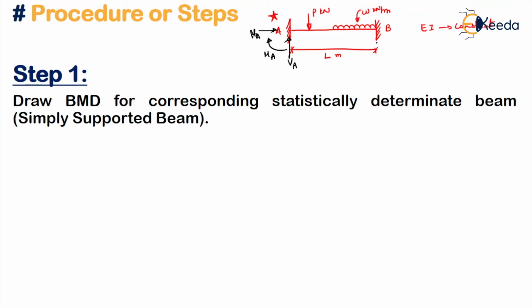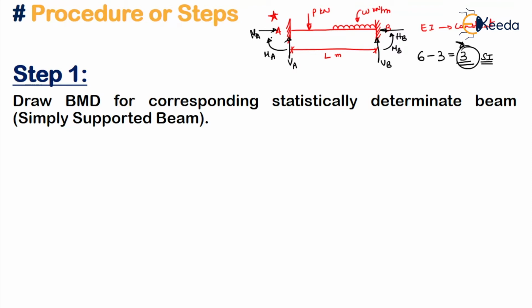Coming to B, this is also a fixed end, so one horizontal, one vertical, HB, VB, and your moment MB. So in total 6 unknowns are there, but we have only 3 equations of equilibrium. So this beam is statically indeterminate to degree 3. In this type of beam, if you want to calculate the end moments, you can use the column analogy method.